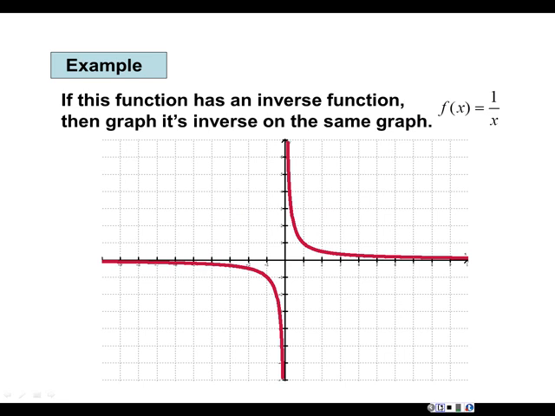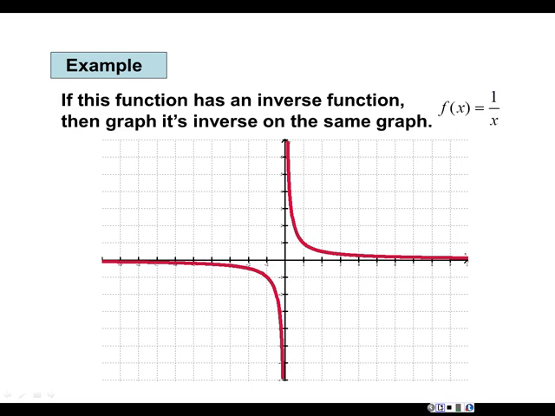If in one function there is a point (a, b), then in the other graph there will be a point (b, a), because the domain and range are just swapped. For example, in one graph, if you have a point (3, 4), in the other graph you will always have a point (4, 3).